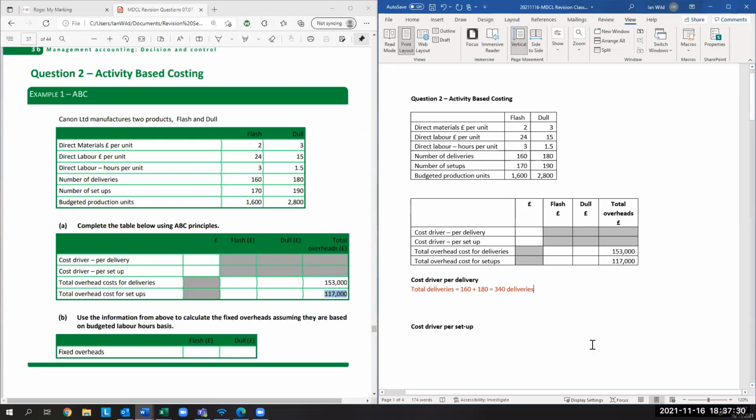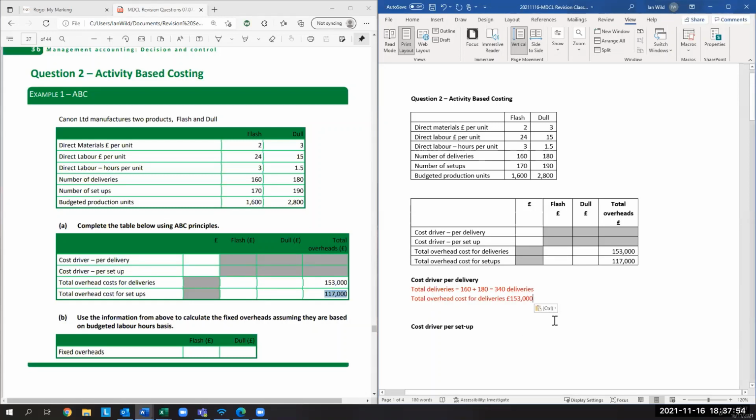Okay, what we can do then, now we know the total number of deliveries for the entire business, we can work out our cost driver per delivery. We'll take the total overhead costs for our deliveries, which is 153,000.